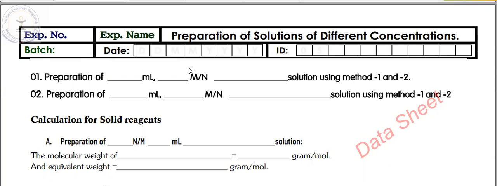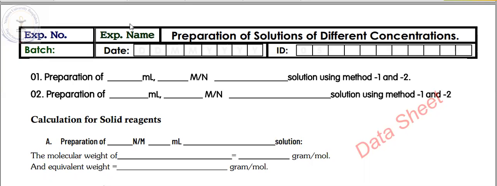So after accomplishing each practical, you have to submit a complete data sheet. Therefore, you have to know how you can complete the data sheet. Now let's move on to how you can complete your data sheet.